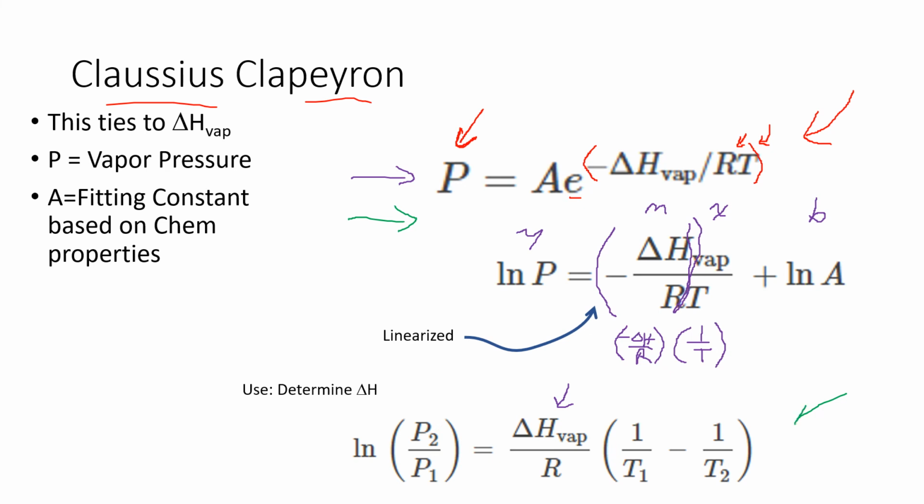I can measure that temperature, and that temperature, in my experiment, and I can measure the pressures that happen. Doing that leaves R as a constant. We know that. So that leaves this right here to determine the slope of a line, and we can use that to determine the delta H of vaporization for a system.